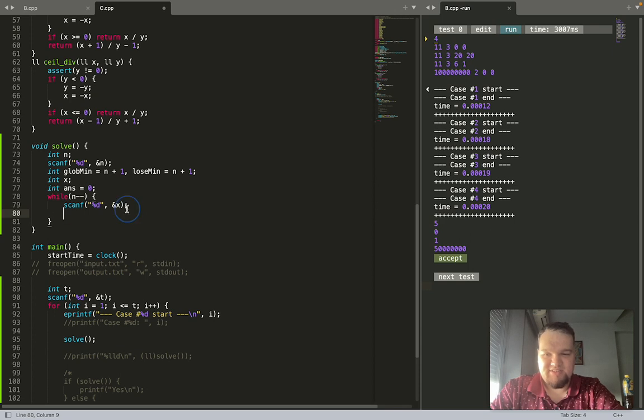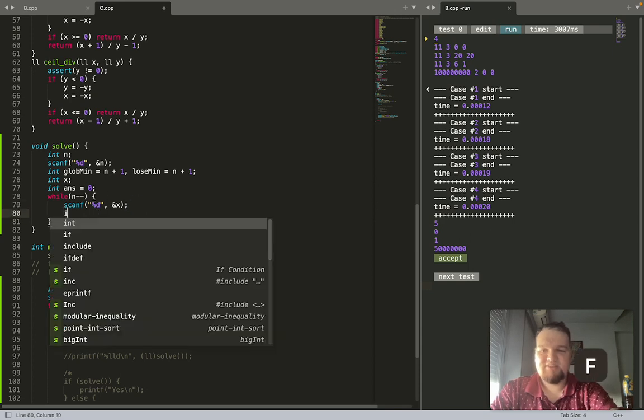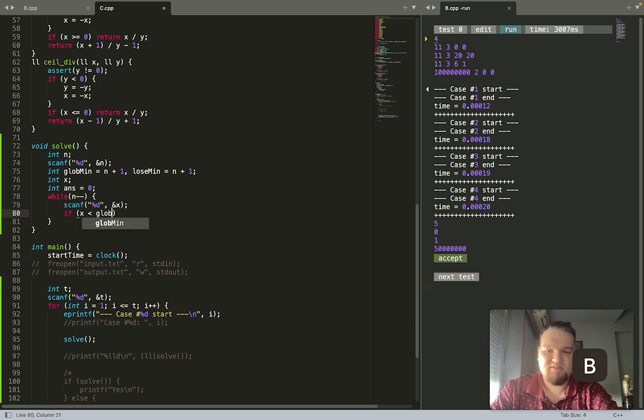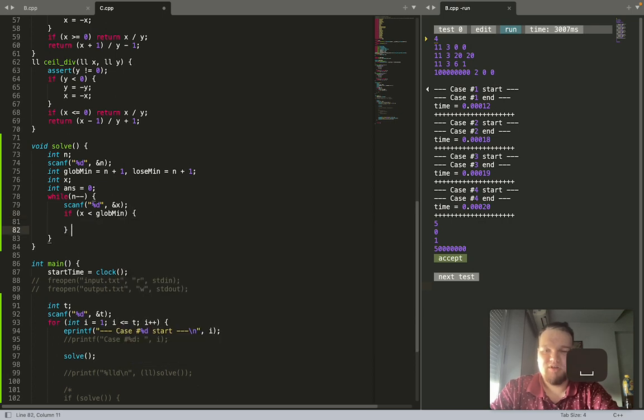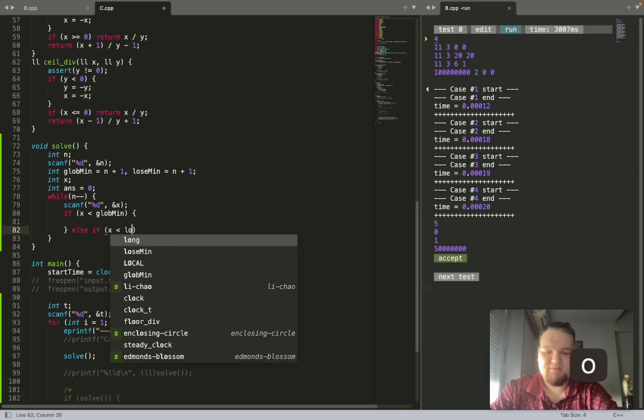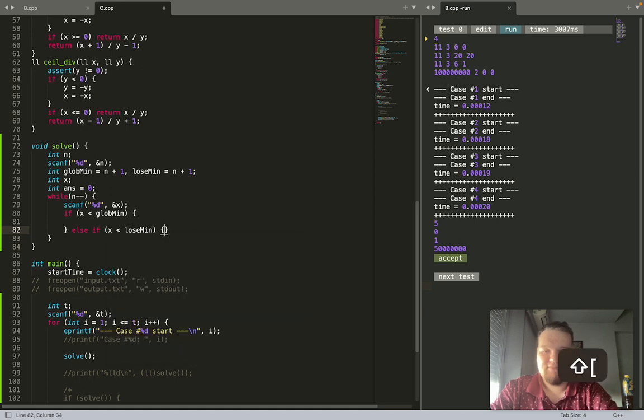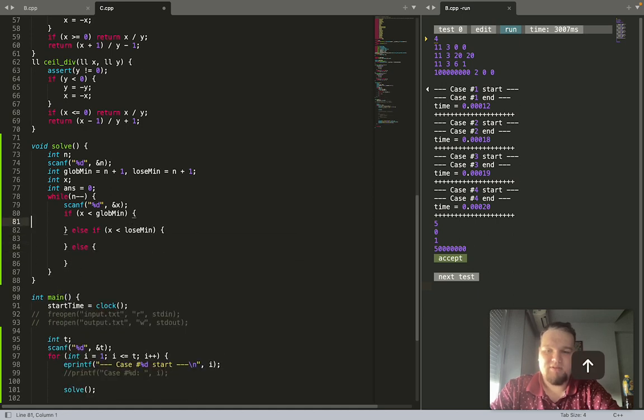So we read the next element. If it is smaller than the global minimum, then it is a winning position. We do not have to increase the answer, but we do have to decrease the global minimum. If it is bigger than the global minimum but smaller than the minimum of losing positions, then it is a losing position in itself.